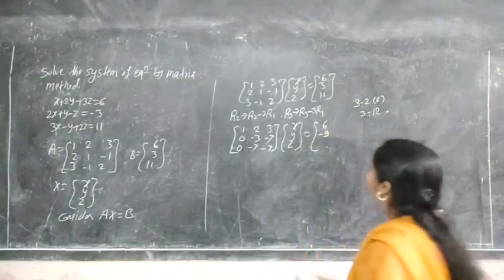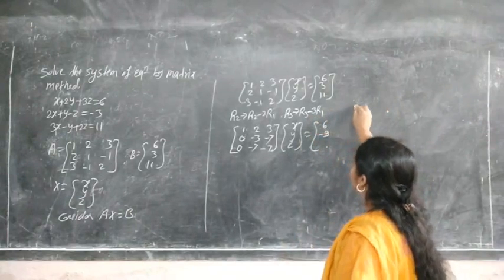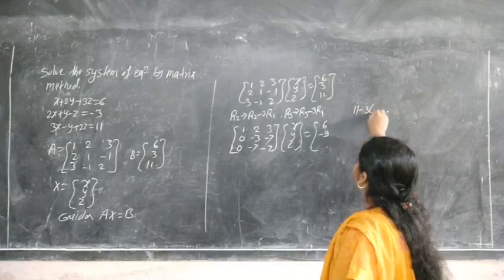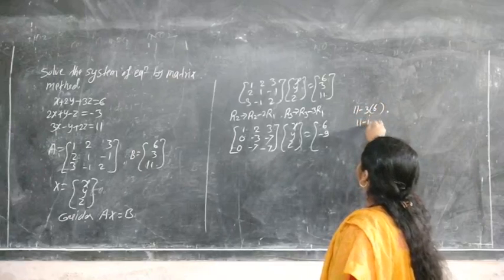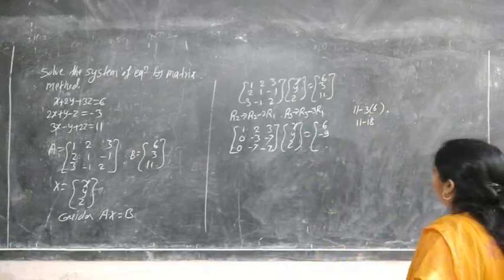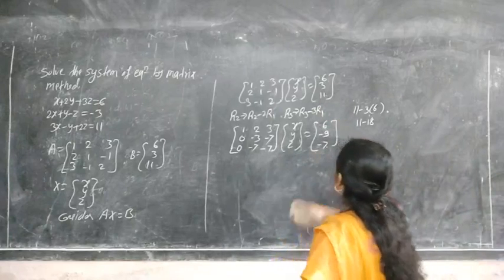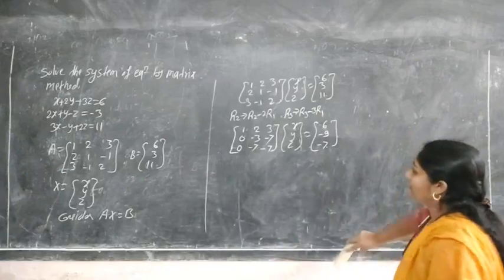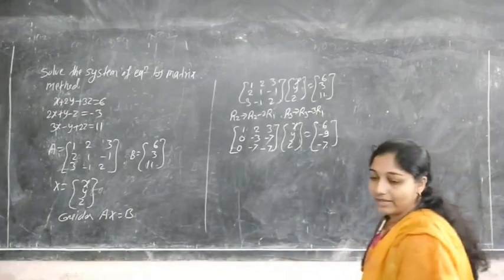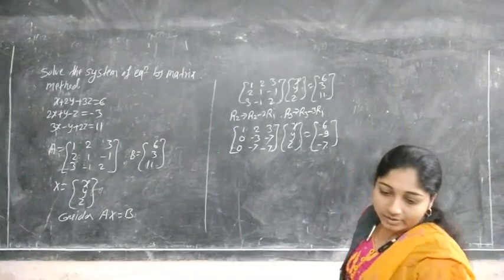Next, for the third row, the transformation is R3 minus 3R1. So 11 minus 3 into 6, which is 18, 11 minus 18 is minus 7. So this is the matrix after applying the elementary transformation. Wait a minute, whether I have made a mistake.